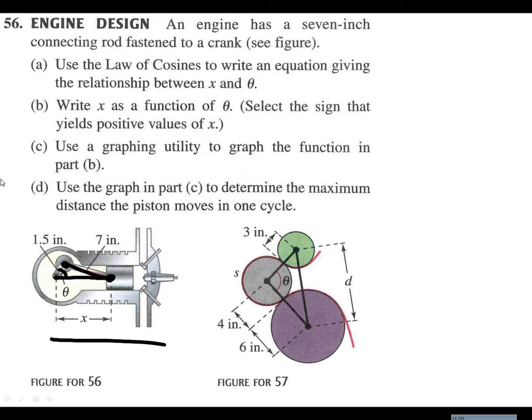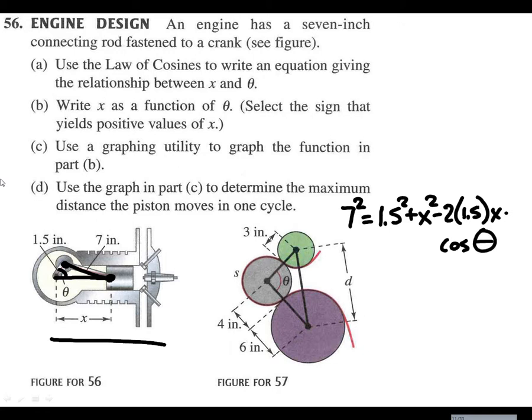So let's go ahead and use our law of cosines. We want to find the angle opposite the 7 inches. So 7 inches is going to be by itself. 7 squared is equal to the other sides, one of which is 1.5. The other one is x, minus 2 times 1.5 times x times the cosine of, what's our angle?